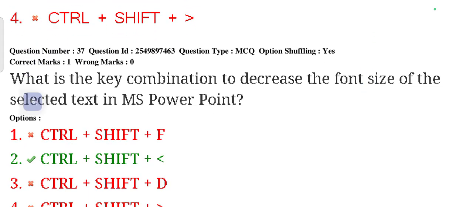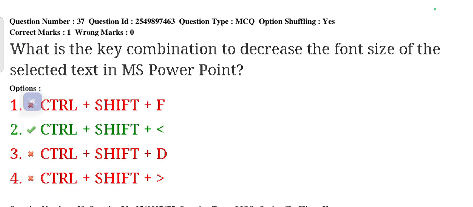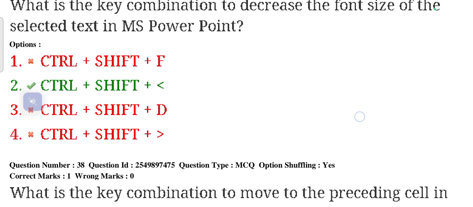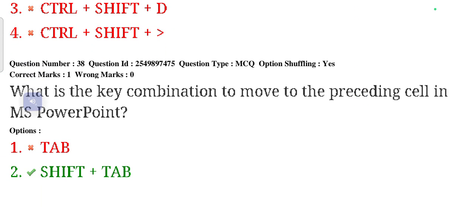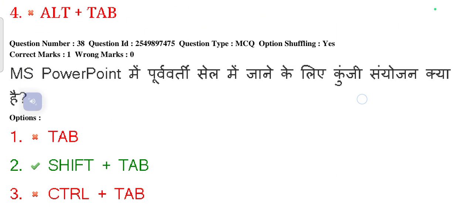What is the key combination to decrease the font size of the selected text in MS PowerPoint? Control plus shift plus less than key. What is the key combination to move to the preceding cell in MS PowerPoint? Shift plus tab key.